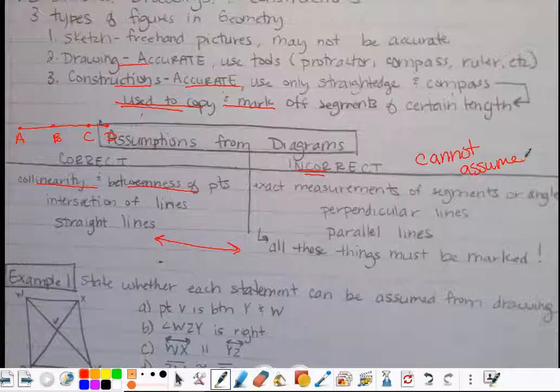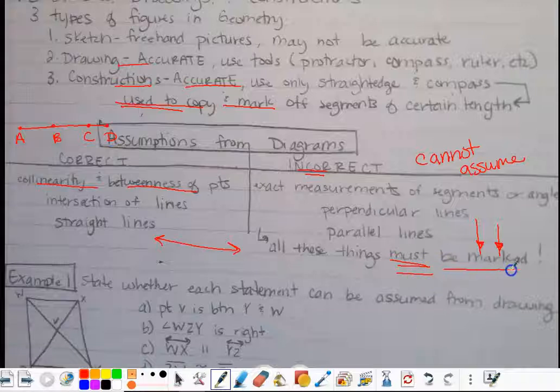You can't assume they're perpendicular unless it has that square mark that it's a 90 degree. Parallel lines. You can't assume it's parallel unless it has those little arrows from last week. Do you remember the arrows from last week? Okay, that showed that our lines were parallel. So these things must be marked in order for us to know that that's what we're looking at.